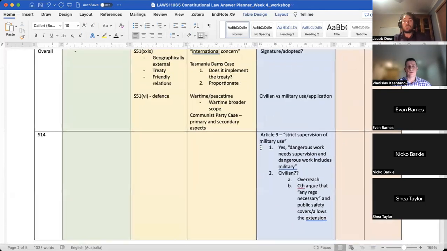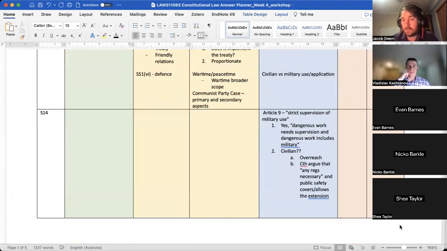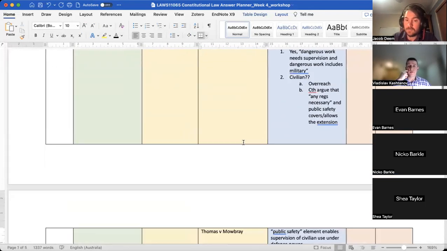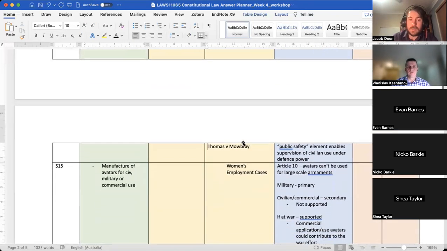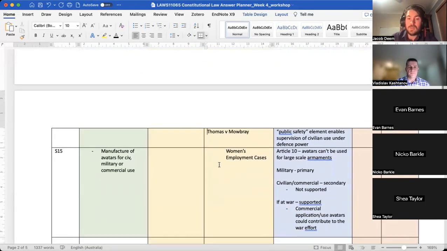No, that's great. Sorry. I'm just seeking confirmation from your part concerning these conditions of employment in industry generally. This thing, which is the secondary aspect. Yep. Under the Australian Communist Party case.